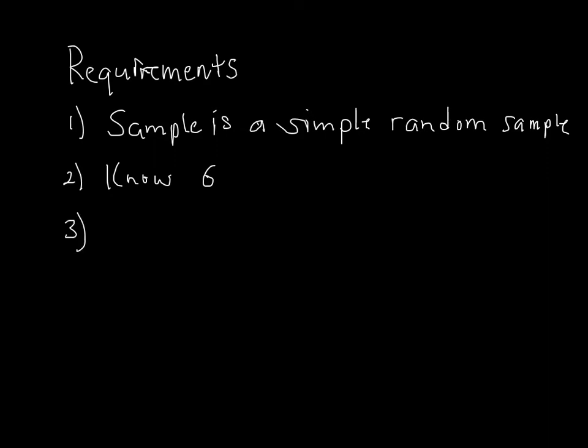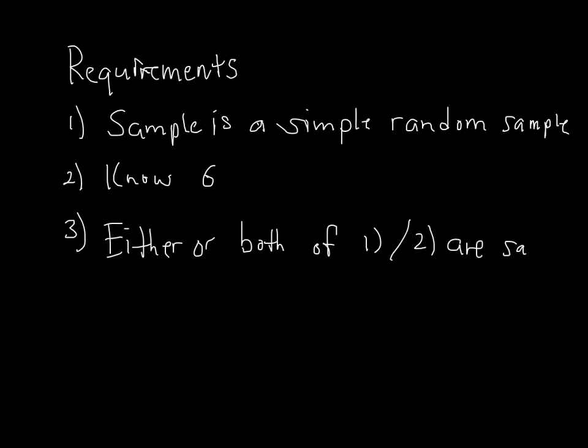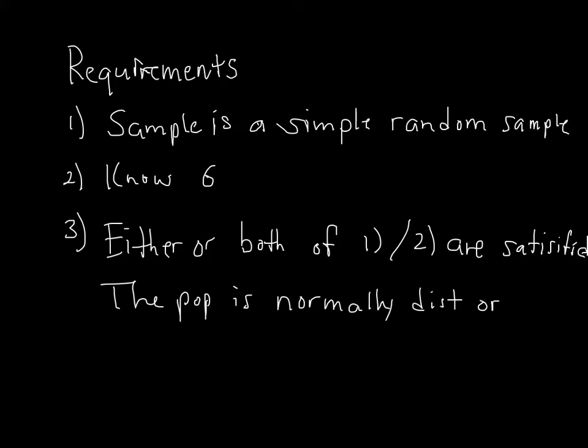And three, if either or both of 1 and 2 are satisfied, we need to know that the population is normally distributed or that n is bigger than 30.